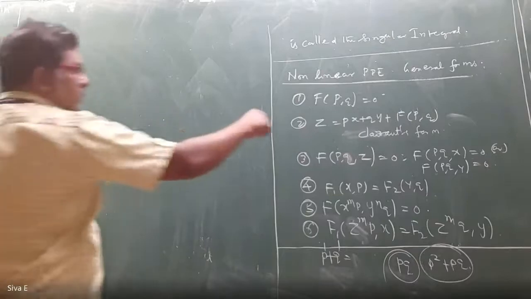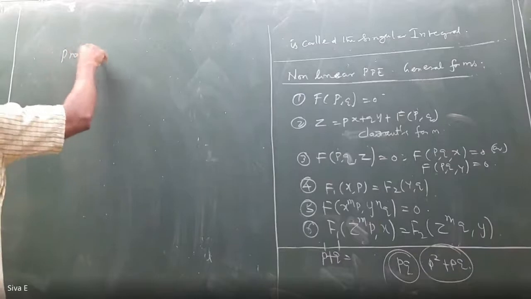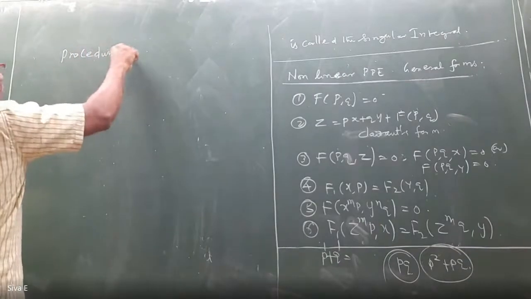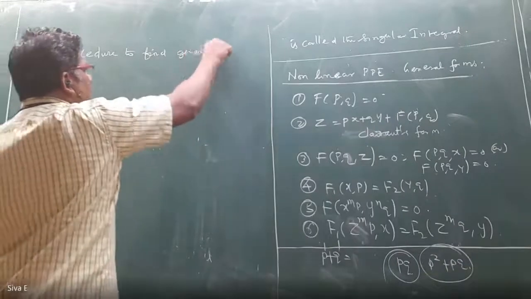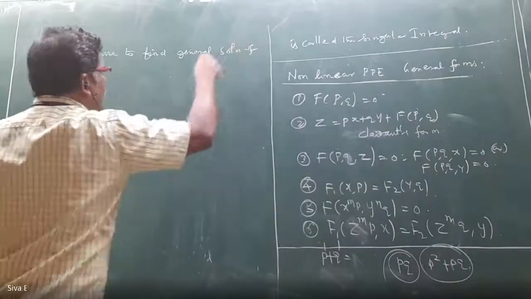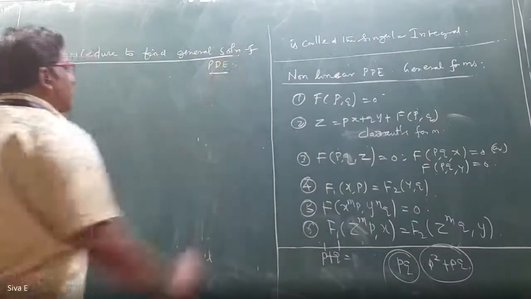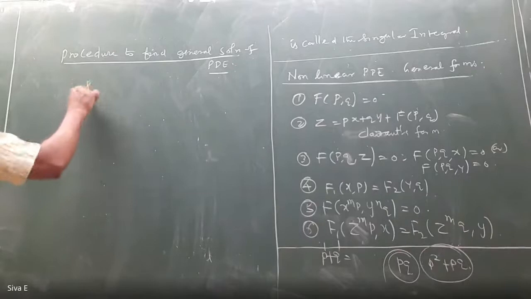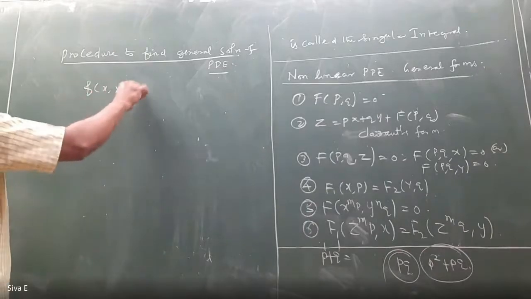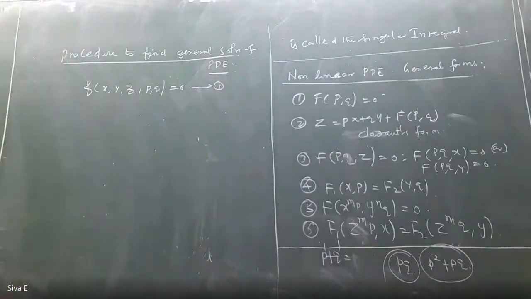Before we go to that, the first type: procedure to find the general solution of PDE. Let the PDE be of the form f of x, y, z, p, q equal to 0.